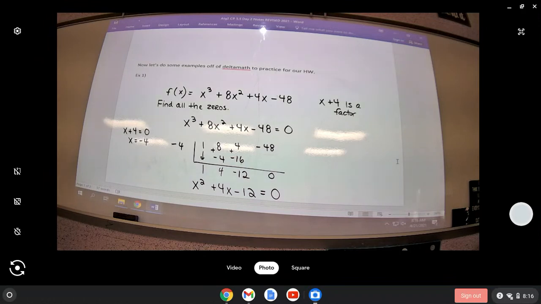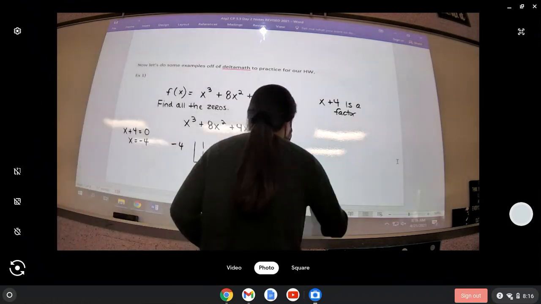That's the quadratic equation you should be left to solve. So hopefully a little quick factoring, and you should have your last 2 answers.